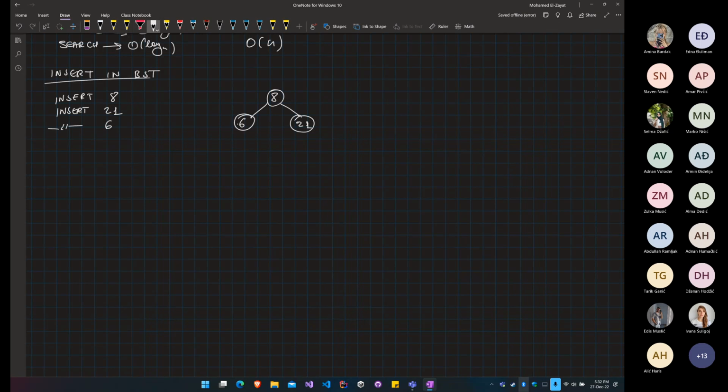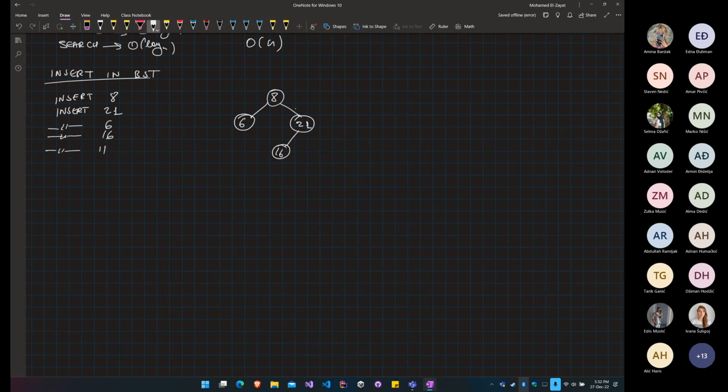Then you say, okay, please insert 16, for example. Now 16 is larger than 8, it will go here. 16 is still less than 21, so it will go here. Which is fine. Let's say insert 11.